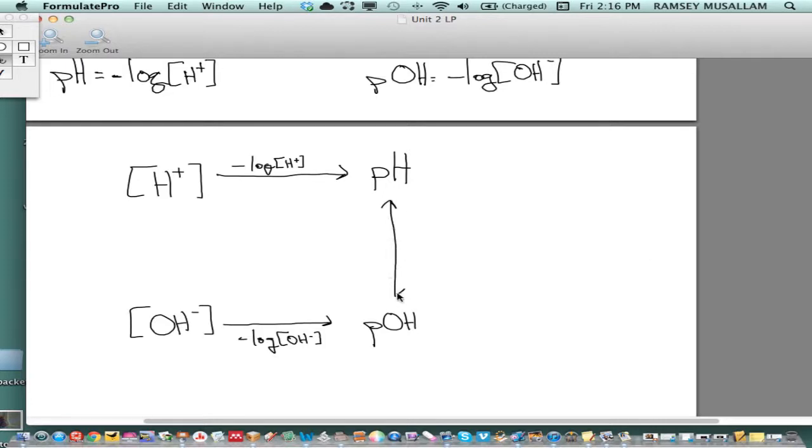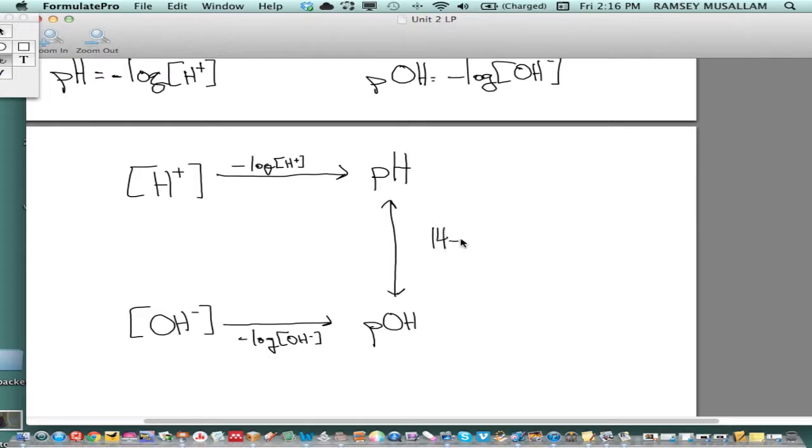So it turns out that you can go between these really easily, because the pH plus the pOH equals 14.